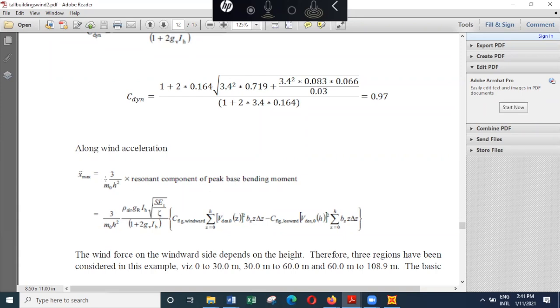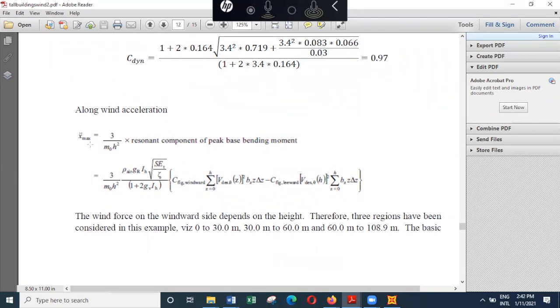So when you want to determine the acceleration, divide the force by mass. That's why the mass comes here. Force is equal to mass times acceleration, so acceleration is force divided by mass. So you get this equation on that basis.